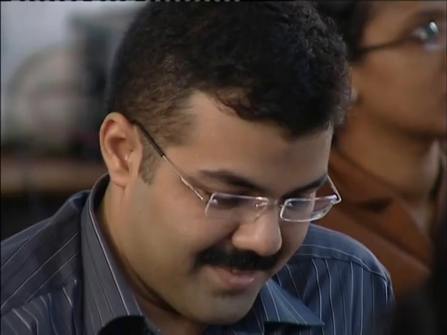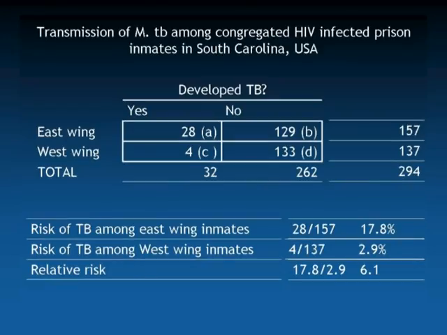A total 294 individuals were there, staying in 2 wings, east wing and west wing. 157 individuals were staying in east wing, 137 in west wing. 28 individuals in east wing developed the disease compared to 4 individuals in west wing. So what is the risk ratio?